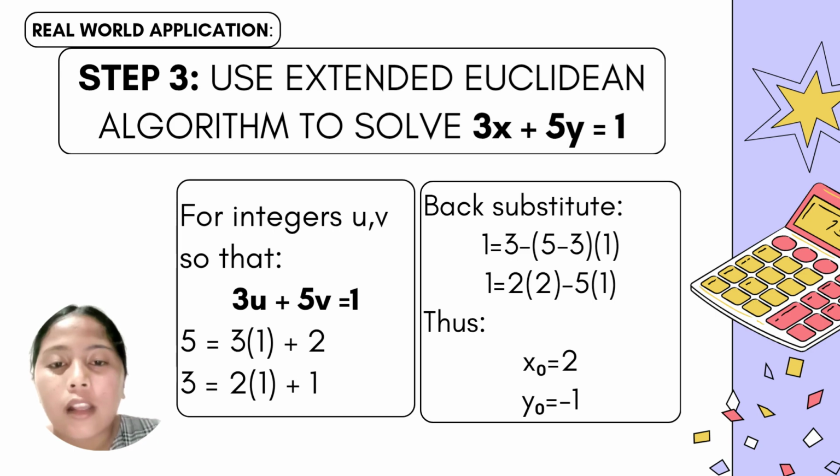Thus, our answer is x sub 0 is equal to 2. Then our y sub 0 is equal to negative 1, because the negative 1 comes from subtraction, so it becomes negative 1.